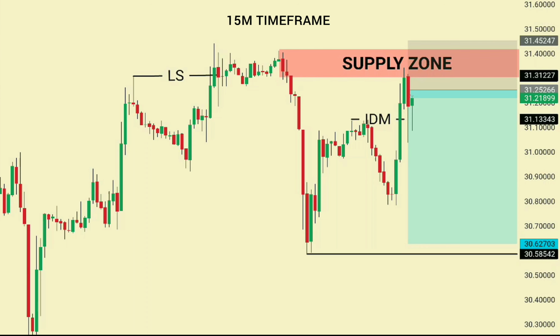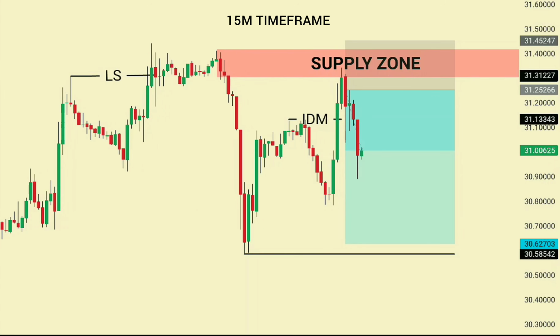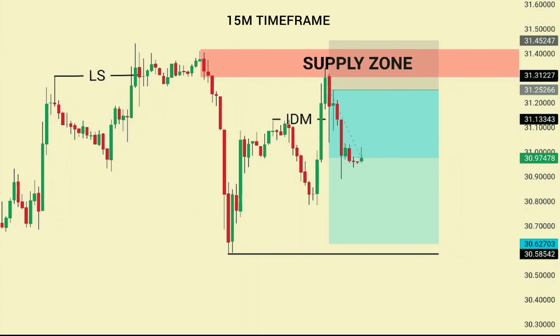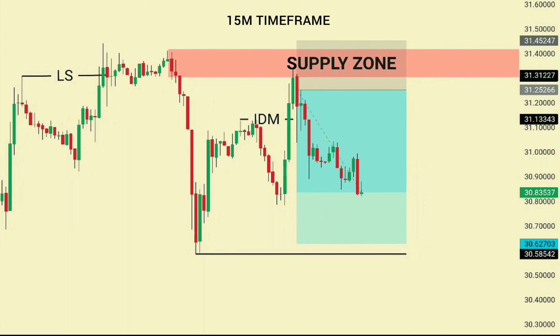At this stage, the setup is complete, so I stay disciplined and let the market play out without making emotional decisions. As expected, price continues moving lower and reaches our sell-side liquidity target, completing the 1-to-3 risk-to-reward setup.